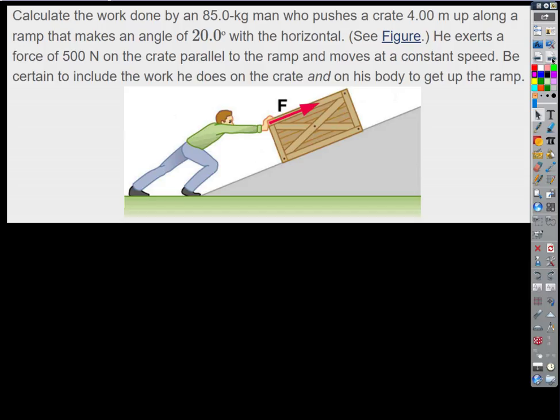It's moving at constant speed up the ramp. Okay. So what do we got to do here? Think about this one. We're going to figure out how much work he's doing on the crate. What's our definition of work?